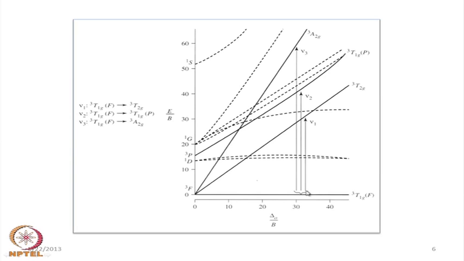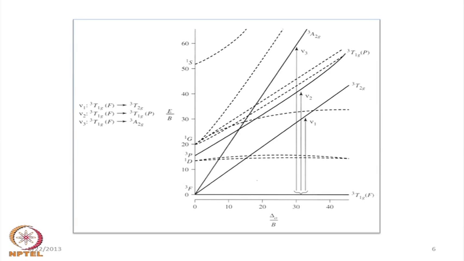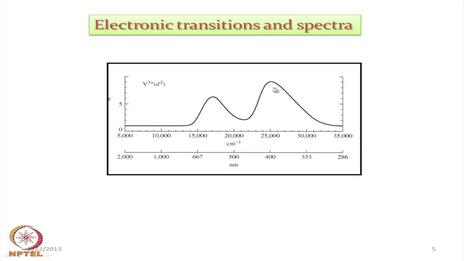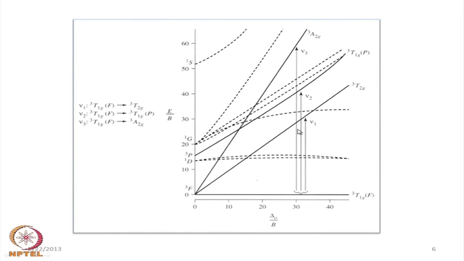These are the three spin allowed transitions, but in the electronic spectrum we see two bands. Two band positions are seen in the electronic spectrum, and when we analyze the Tanabe Sugano diagram critically, we find that we have the corresponding transitions like this.